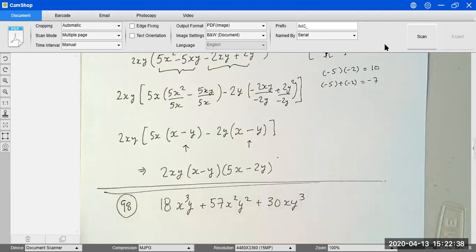So factor this trinomial completely. Send me your answers via chat. And with that, we're going to complete section 6.5.